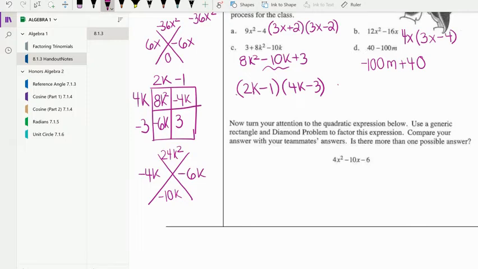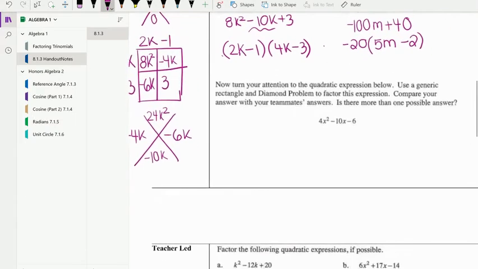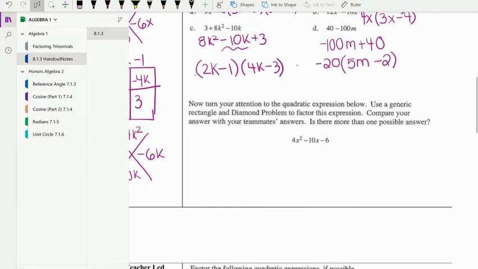In this case, we can, and because that first term is negative, we want to take out a negative. So the biggest number that goes into both would be negative 20, and so this would turn into a 5m minus 2.